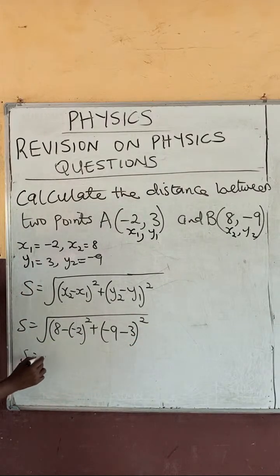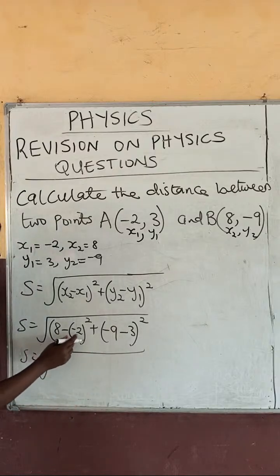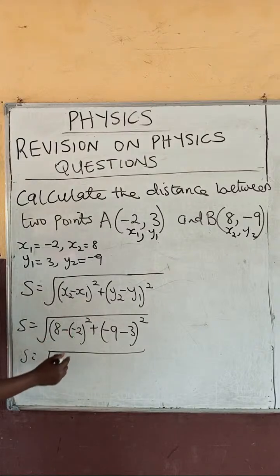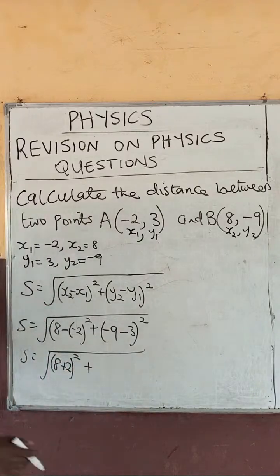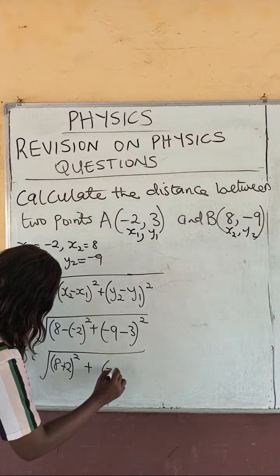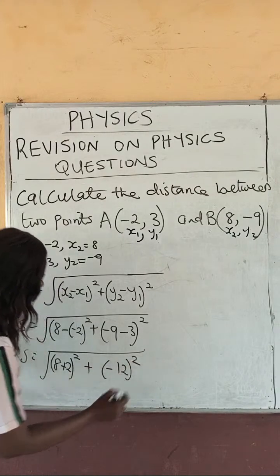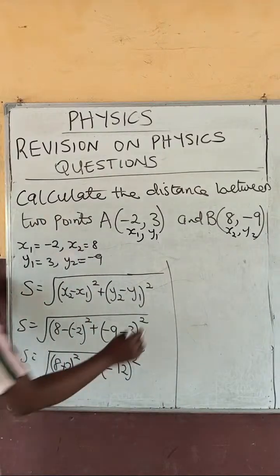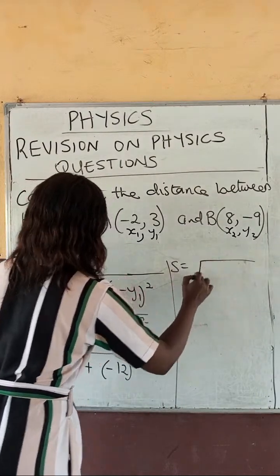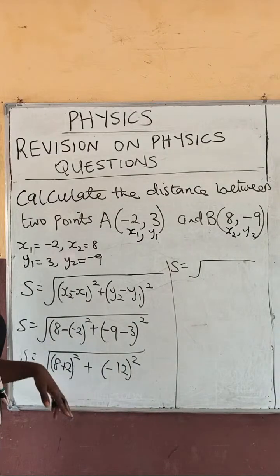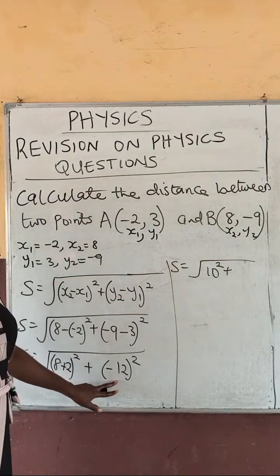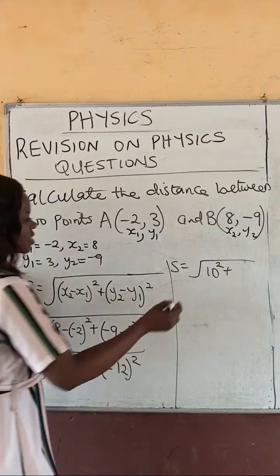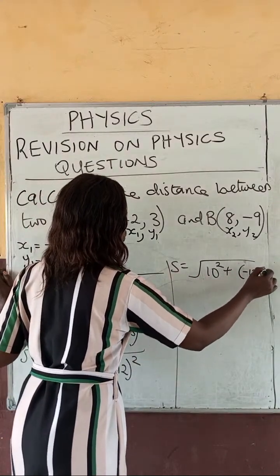So I will go down by saying this is 8 plus 2, all squared, plus minus 9 minus 3, which gives me minus 12, all squared. So 8 plus 2 gives me 10. This is 10 squared plus minus 12 all squared.